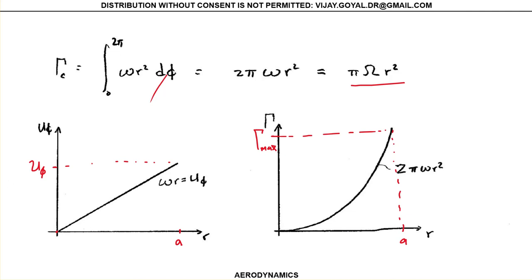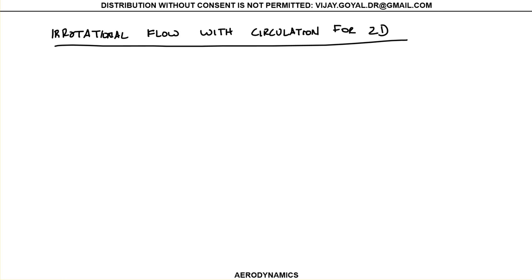So now let's see what's going to happen here with the circulation in two dimensions. So, the irrotational flow with circulation for 2D. We just found that this was equal to U phi, e phi, okay?